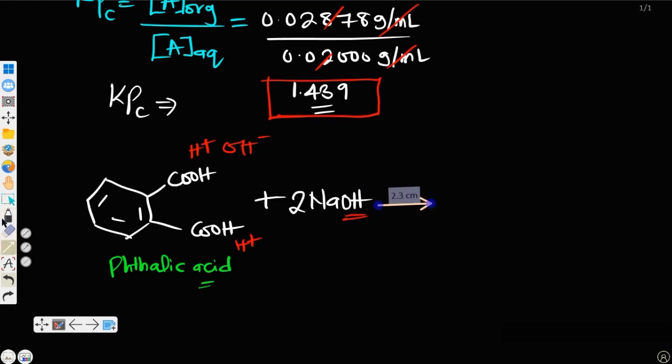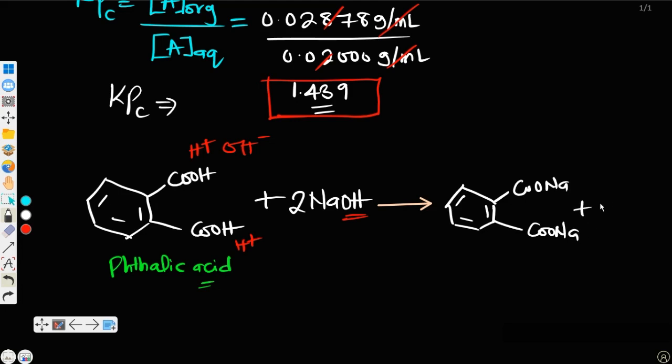So at the end of the day, the product of this reaction will be something like this. And there you have COONa, COONa plus 2 H2O, which is aqueous. And this is what we call sodium phthalate. Are you getting it now? Sodium what? Phthalate.